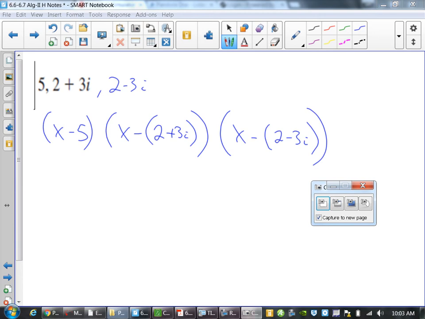Okay. So inside here, I'm going to do my same change opposites, distribute the negative, and I get x minus 2 minus 3i. Here I have x minus 2 plus 3i.